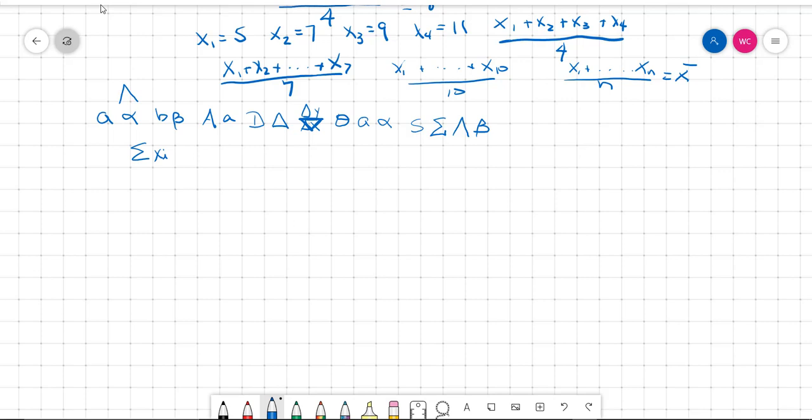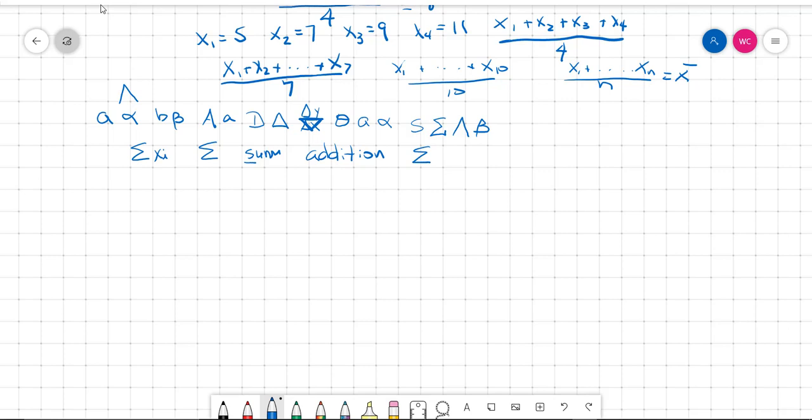And the reason that we use that Greek S is because it's for the word sum. Sum is another word for addition. So sum and addition basically are the same thing. And so when we're doing addition, we use the Greek letter S because it's the first letter of the word sum.